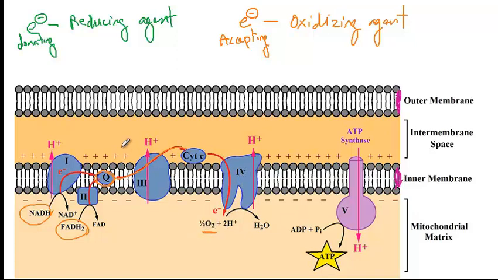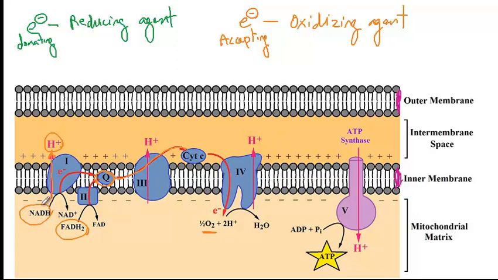And throughout all these reactions, energy is released from electron transfer in every one of these reactions, and this energy is used to pump protons, or H plus, from the mitochondrial matrix into the intermembrane space. So you can see that by complex 1, H plus is pumped out, by complex 3, H plus is pumped out, and then by complex 4, H plus is pumped out.